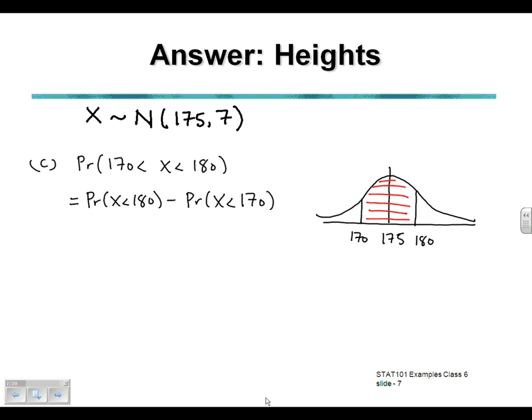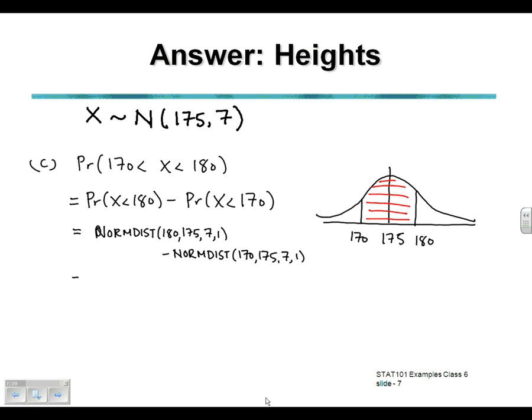So we already have from part A the probability that x is less than 180. That was using normdist, with 180, 175 for the mean, 7 for the standard deviation, and 1 for cumulative, and we subtract from that the value that we get for 170, normdist again, with 170 this time, 175, 7 for the standard deviation, and 1 for cumulative.